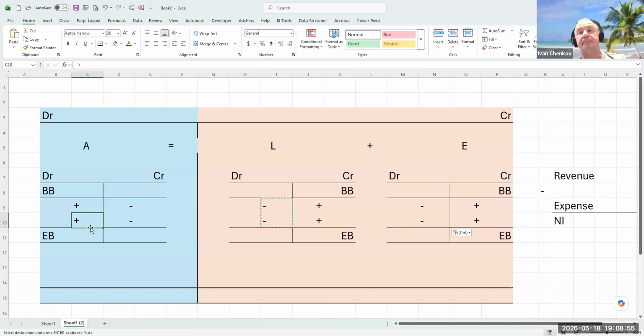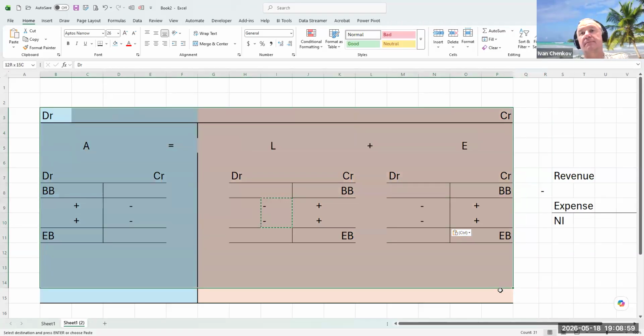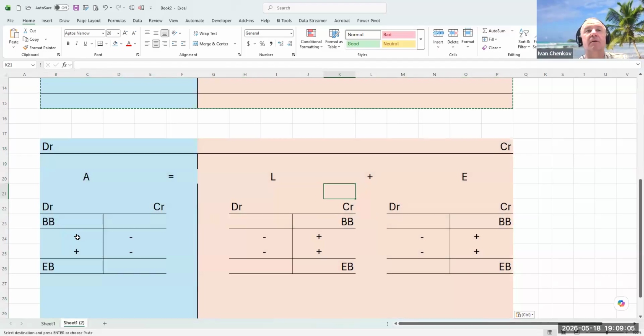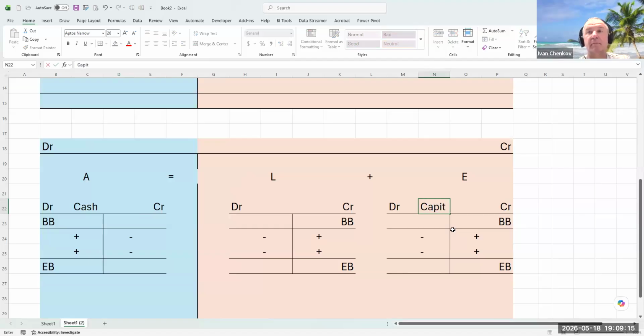So let's see the first transaction that we talked about. For example, the first transaction was in the very beginning. We know the company. Let's say this is cash, and this one is capital. Let's say owner's capital.